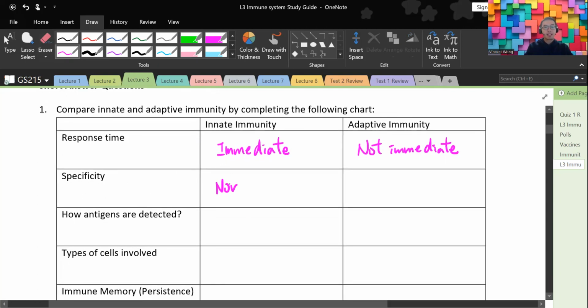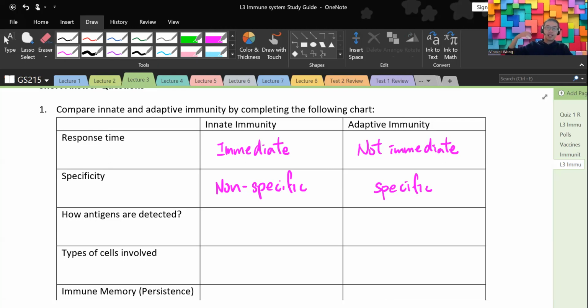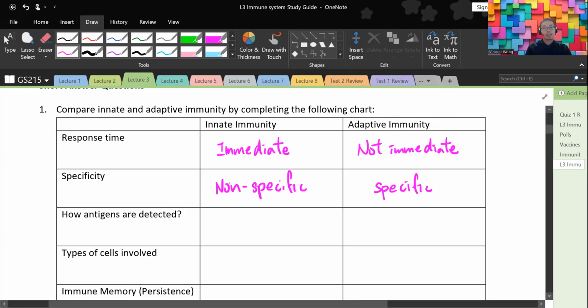Specificity: non-specific. Okay, non-specific, not designed to fight any particular pathogen, whereas for adaptive immunity, it is specific. Right, you're gonna have antibodies to fight chickenpox virus, particularly. You're gonna have antibodies that fight hepatitis specifically.